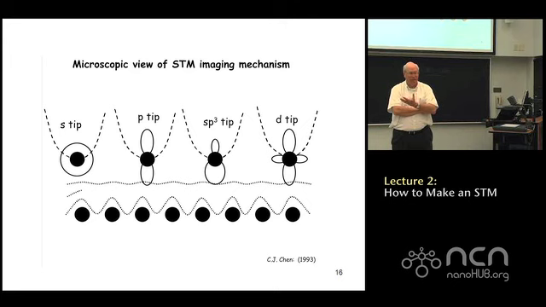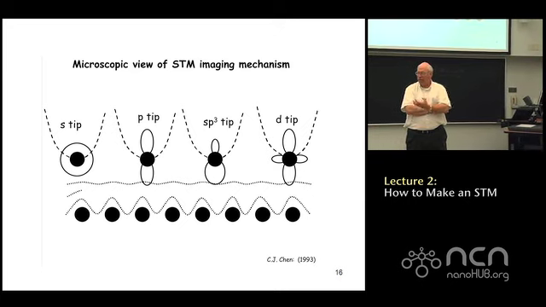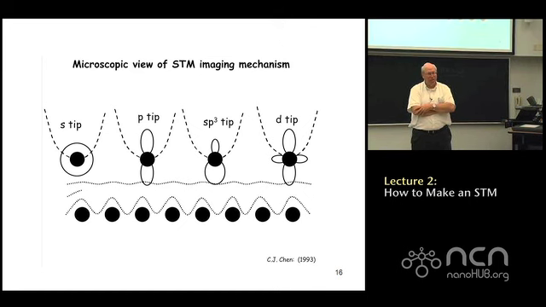You cannot tell, even today, what is the front atom on your tip. You can't control that, right? That's one of the drawbacks of STM. No, you really don't know what atom is on the end of the tip, what atom is responsible for the tunnel current. But you can make assumptions, and you can model it, and that's what theorists do, right?